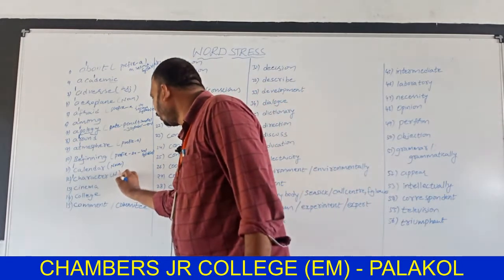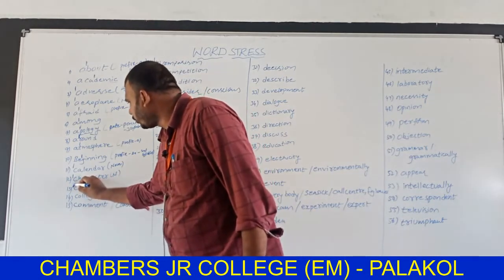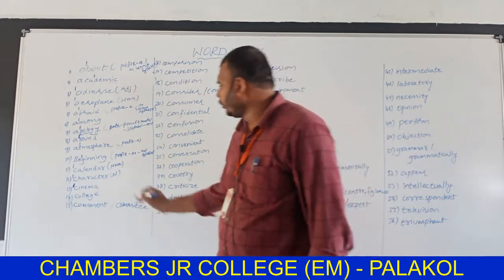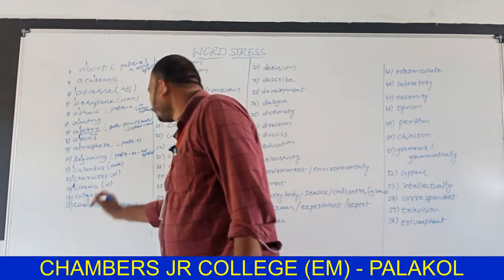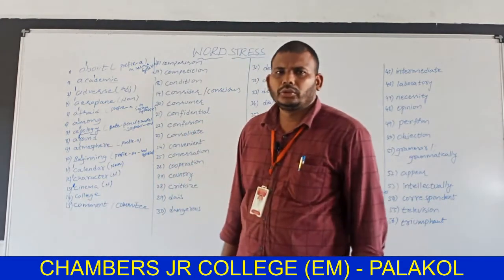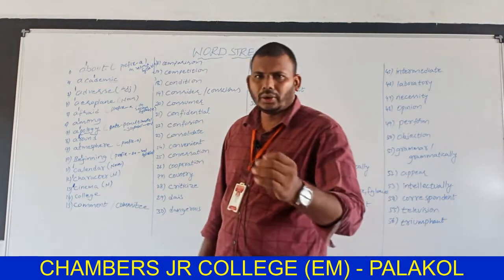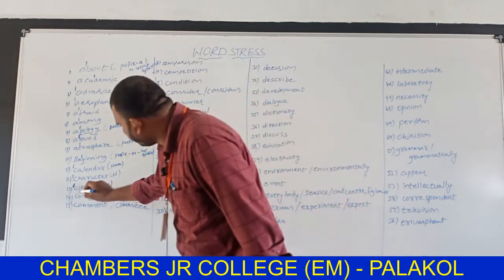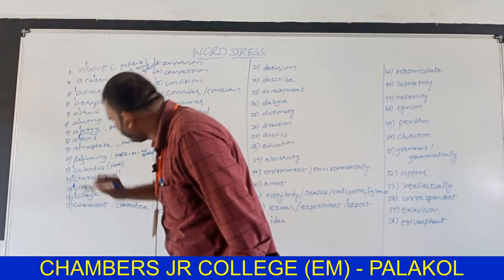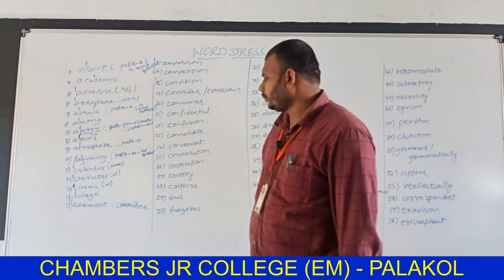It is also a noun, so we can put stress on the first letter. And the 14th word is applied with the same rule as the previous one: college. As it is a noun, we can put stress on the first letter C.